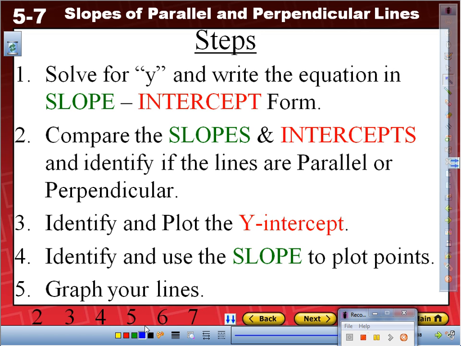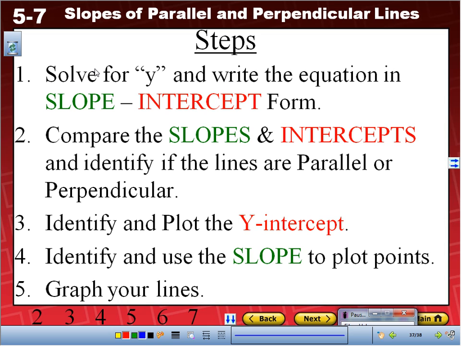The only difference for today, I'm including step 2, which says to compare the slopes and intercepts so that we identify which ones are parallel and which ones are perpendicular. Okay? So, with that said, what to remember?